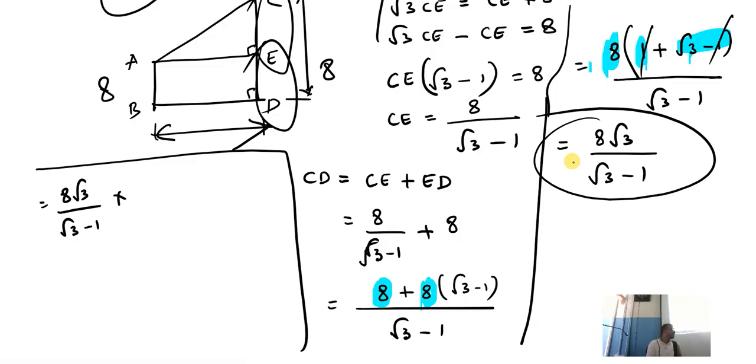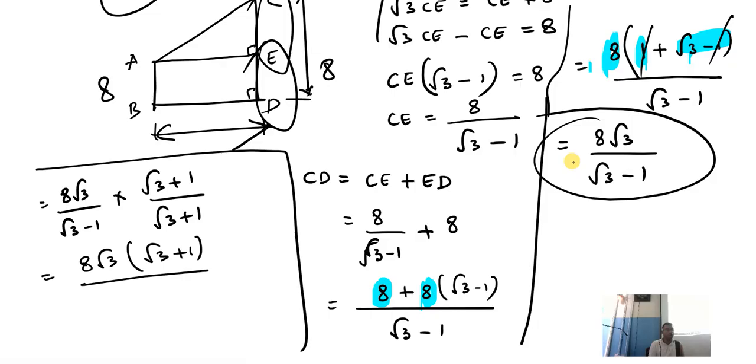The rationalizing factor of root 3 minus 1 is root 3 plus 1 by root 3 plus 1. Multiply and divide by its conjugate. Then multiply numerator with numerator, 8 root 3 into root 3 plus 1, and denominator with denominator. The denominator is in the form of a plus b into a minus b: root 3 plus 1 into root 3 minus 1. A plus b into a minus b is a square minus b square.